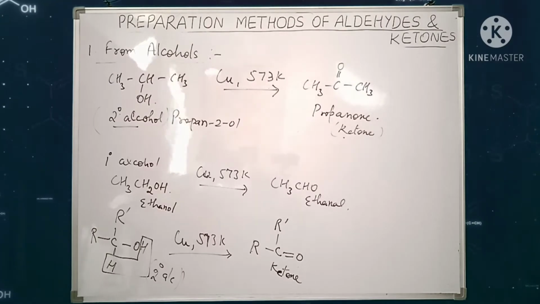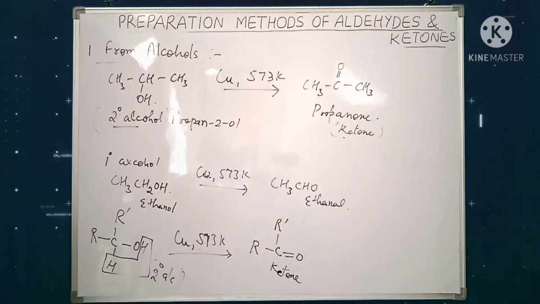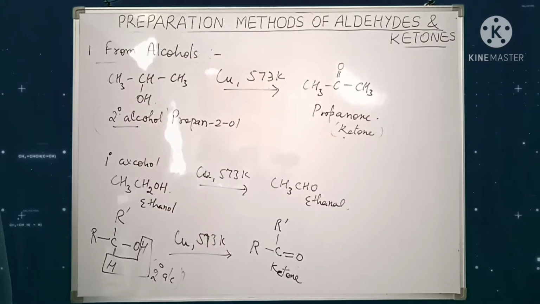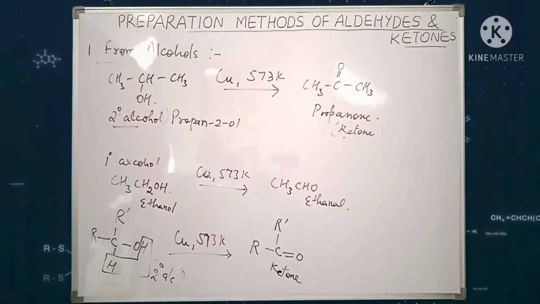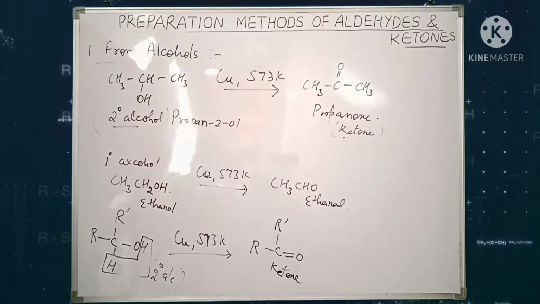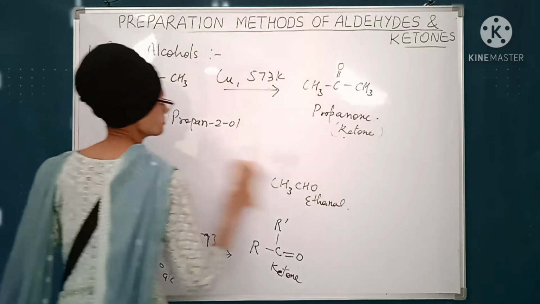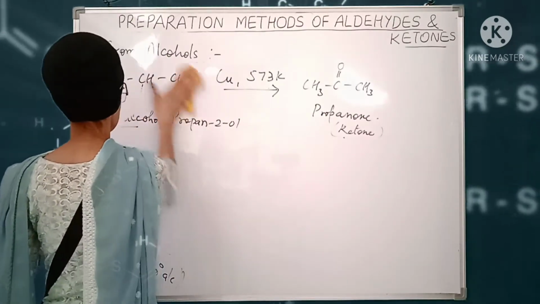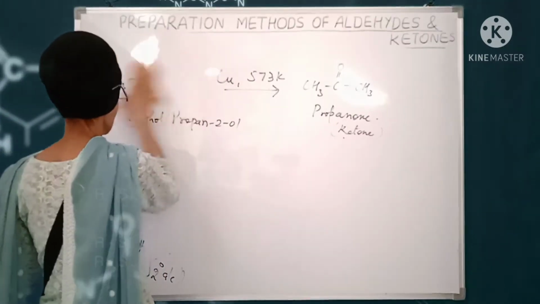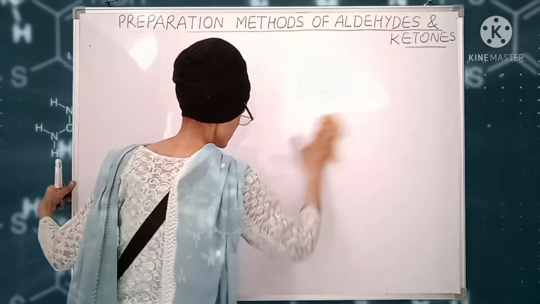Now coming to the next method, that is from hydrocarbons. Hydrocarbons means alkynes, alkenes, etc. Here we are using alkynes for the preparation of aldehydes and ketones. Alkenes can also be used.